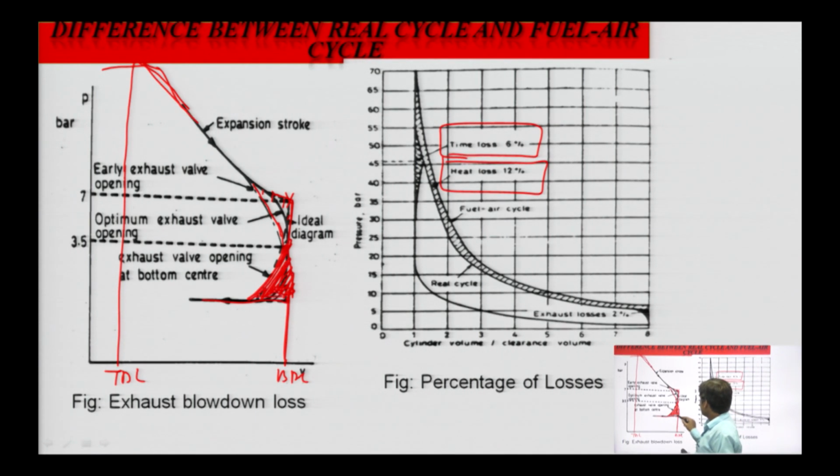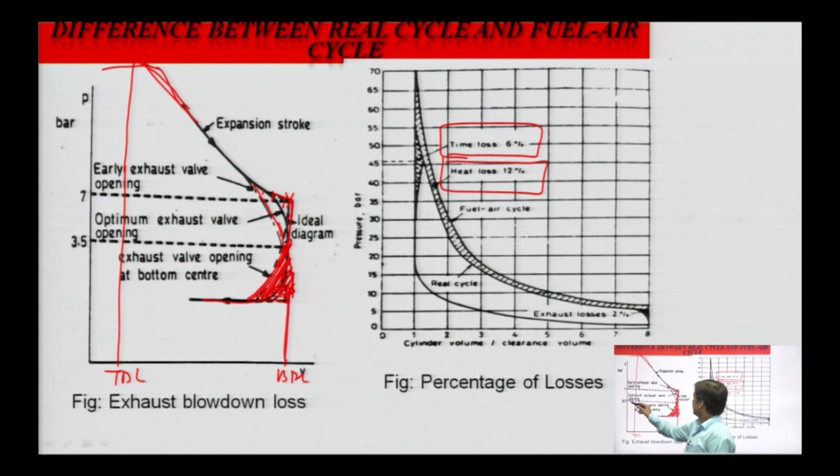We always optimize the opening of the exhaust valve, and how you optimize it depends upon the type of the engine: high speed, low speed, which type of engine it is, and which type of fuel is to be used. So, it depends on that. It is always optimized, so where it has to be opened.